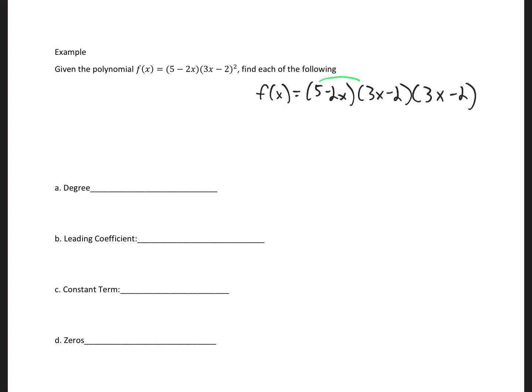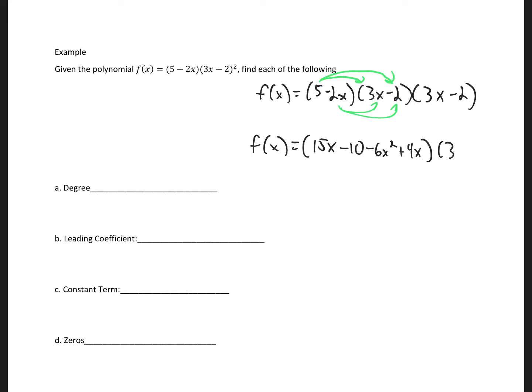So we need to first distribute 5, and then we're going to distribute -2x. And so to begin, the result would be 15x minus 10 minus 6x squared plus 4x.